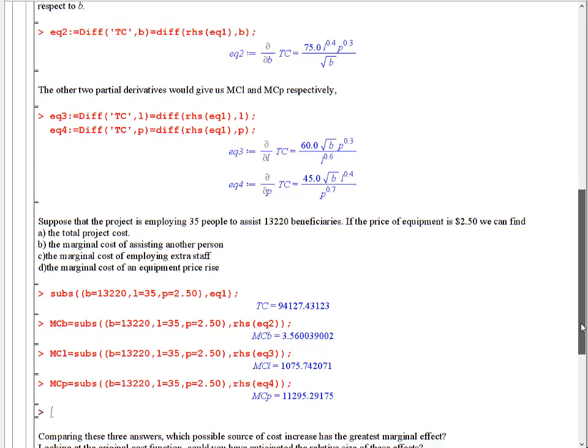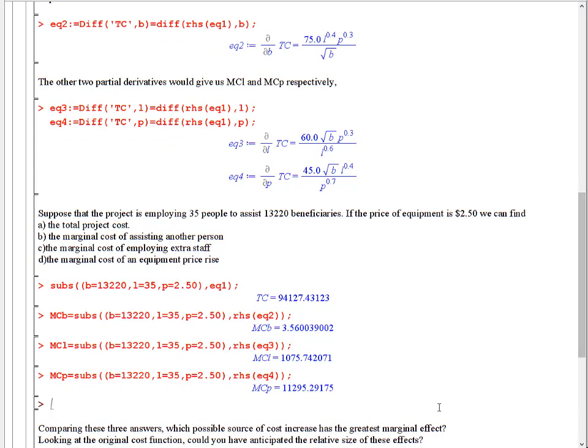So if you compare the three answers, which possible source of cost increase has the greatest marginal effect? Not this one by some way, yeah. So the greatest marginal effect is an increase in the price of equipment. A $1 increase in the price of equipment would give you a $11,300 increase in costs, compared to only a $3.50 increase in costs if there's an increase in beneficiaries by 1.